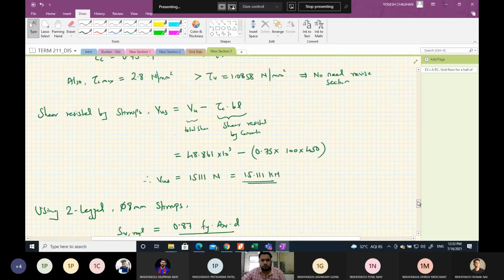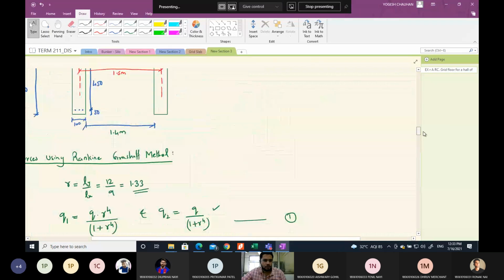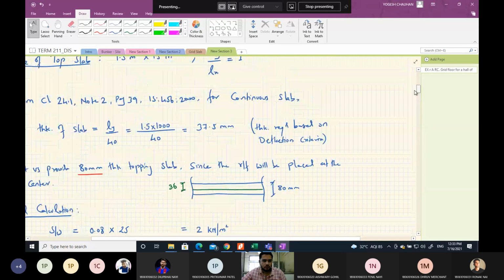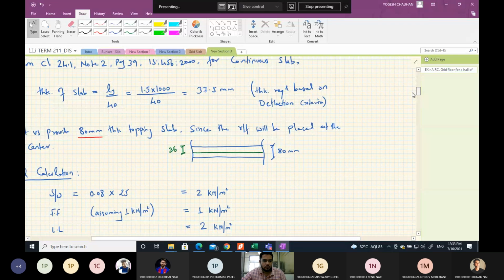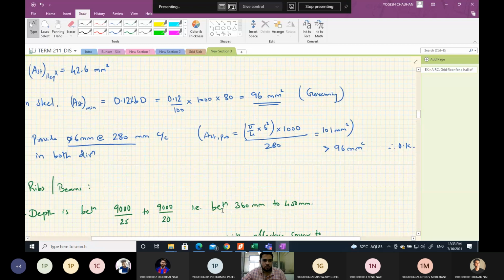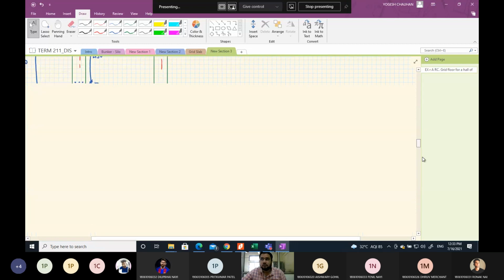Let us check it with the calculation. It is 6 mm diameter at 280 center to center in both directions.